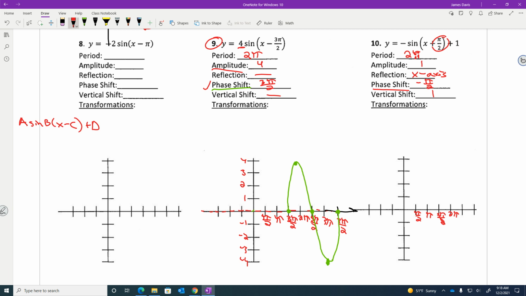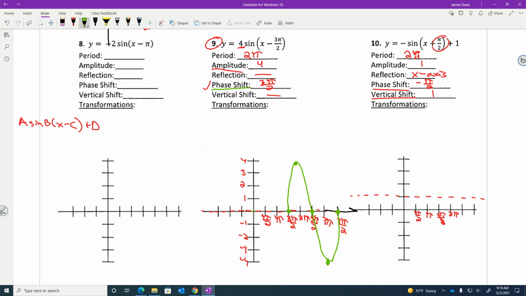Alright, next thing we should do is the midline. The midline, we look at the vertical shift. It's up 1, so our midline is going to go up 1. So that's going to remind us that we're going to want to start here for sine. We're going to start on the midline.